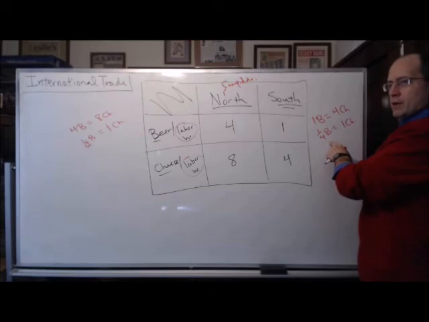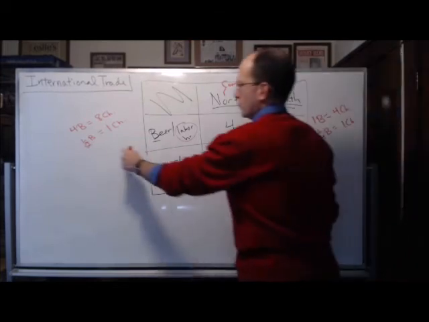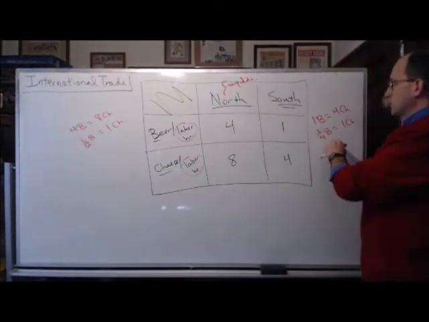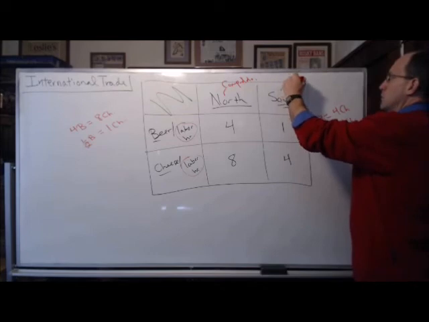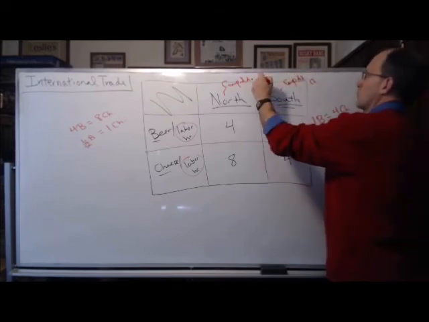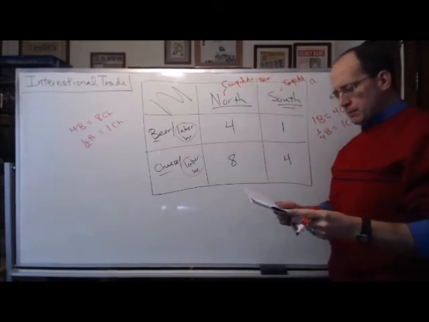Yeah, the South, right? South only gives up 1/4 of a beer for every cheese they produce, where the North would be giving up 1/2 of a beer. And so the story is that the South has a comparative advantage when it comes to cheese, and the North when it comes to beer. Okay? Hopefully that makes sense.